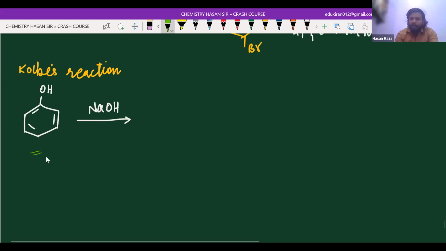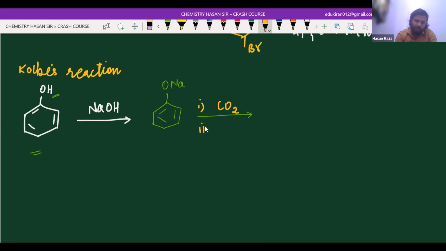When phenol or alcohol reacts with base, then there will be the formation of salt plus water. With the phenol we get sodium phenoxide. This hydrogen will be replaced by Na. And after getting sodium phenoxide, you are going to react this with CO2, carbon dioxide, followed by acidification.